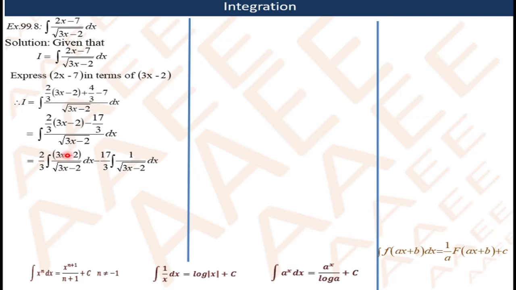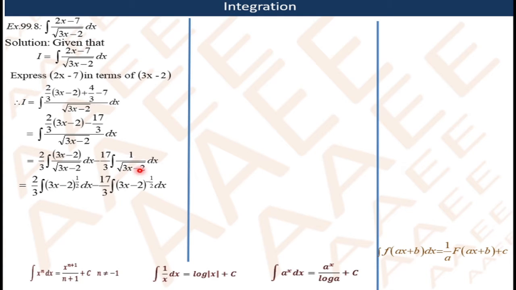And this term under root of 3x minus 2 can be written as 3x minus 2 raised to 1 by 2. So 3x minus 2 upon under root of 3x minus 2 is 3x minus 2 into under root of 3x minus 2 upon under root of 3x minus 2; the under root of 3x minus 2 gets cancelled from the denominator, and in the numerator there will be 3x minus 2 raised to 1 by 2. And the term 1 upon under root of 3x minus 2 can be written, by the law of indices, as 3x minus 2 raised to minus 1 by 2.